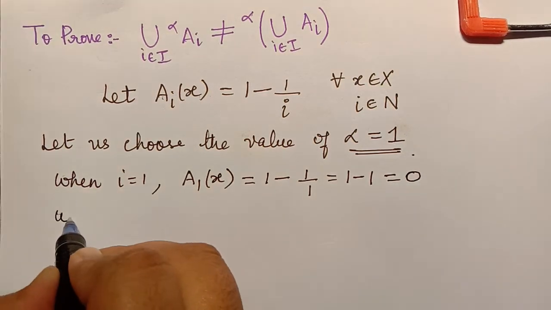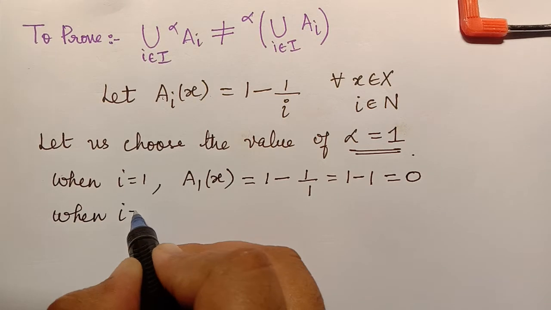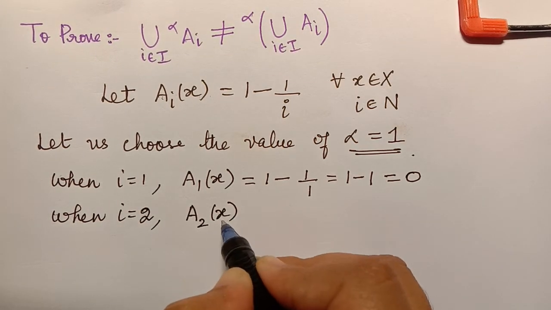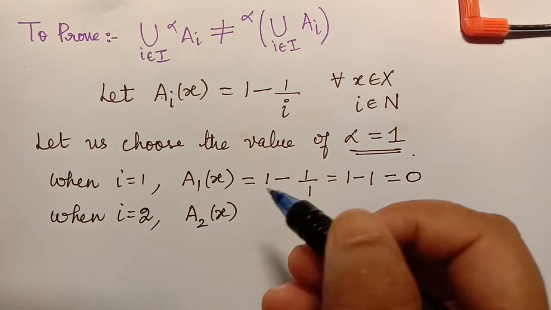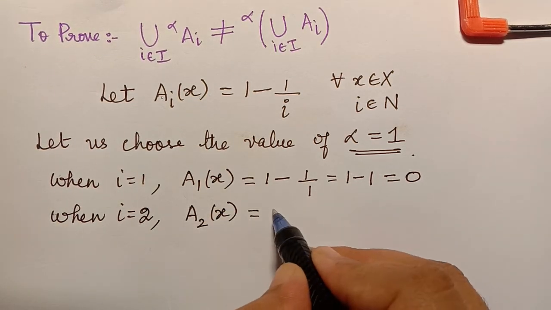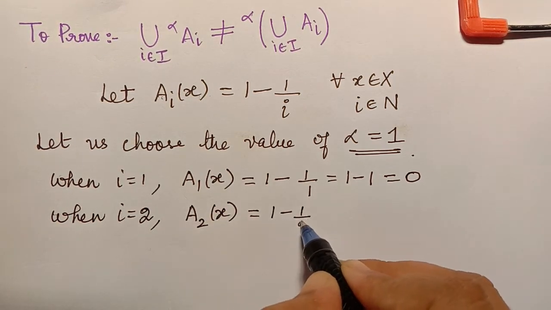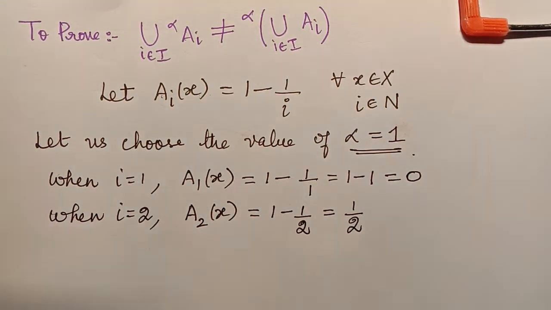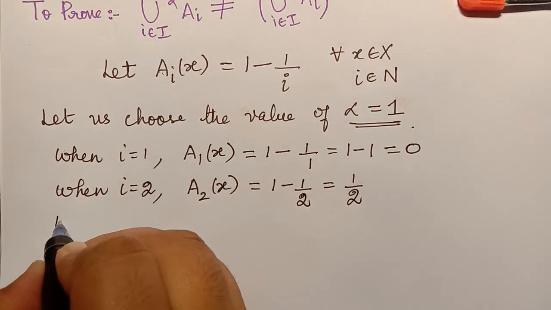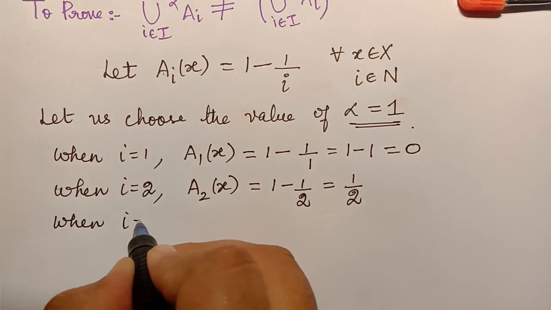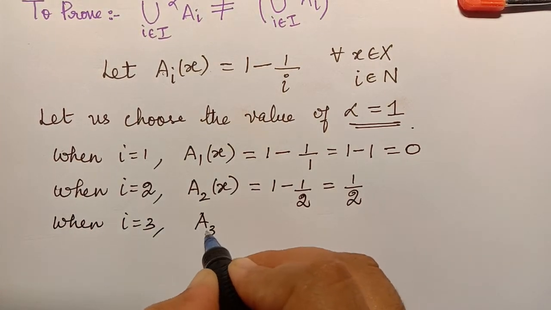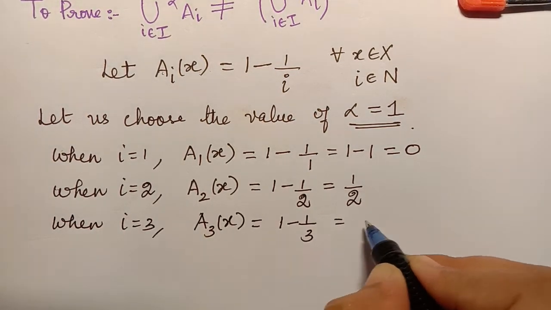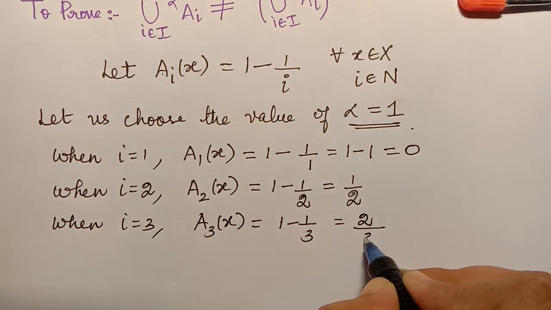And then when I is equal to 2, we get A2 of x, the membership grade of x with respect to the fuzzy set A2, equal to 1 minus 1 by 2, which is equal to 1 by 2. Next, when I is equal to 3, A3 of x will be equal to 1 minus 1 by 3, which is equal to 2 by 3.